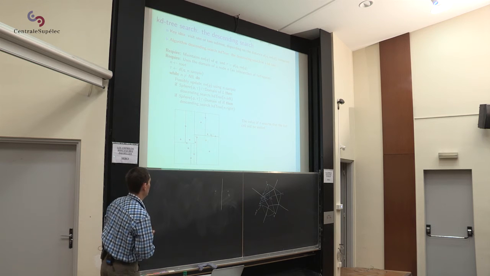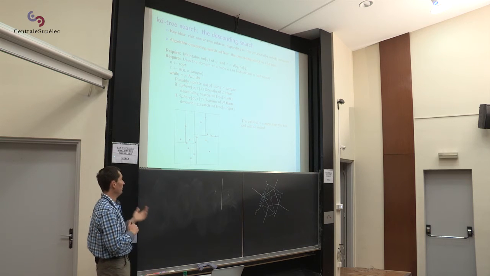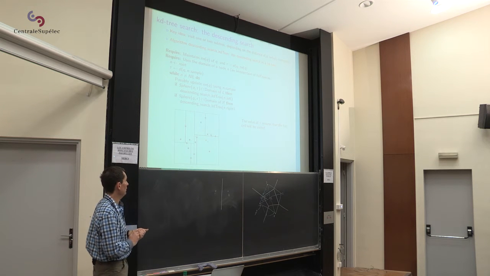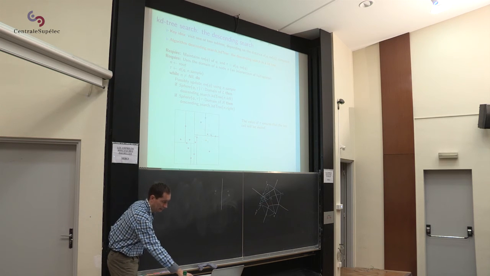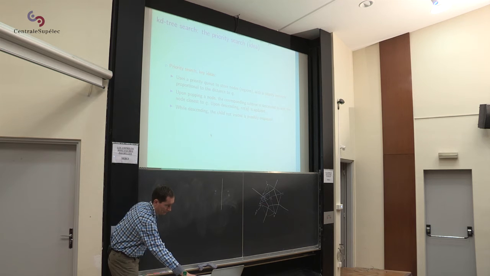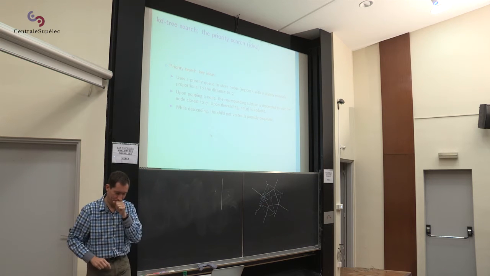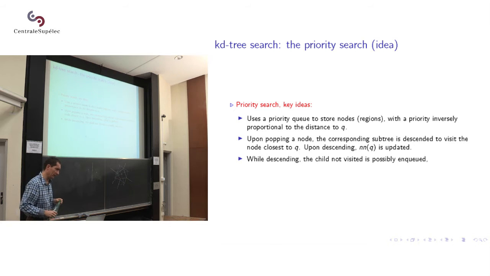In other words, the take-home message here is that the value of tau ensures that the top cell, namely the cell containing the nearest neighbor, will be visited. Okay, so it turns out that if you do that, you'll be happy all the time with the nearest neighbor, except that you may end up visiting a large number of cells.